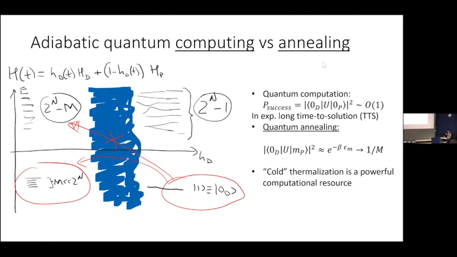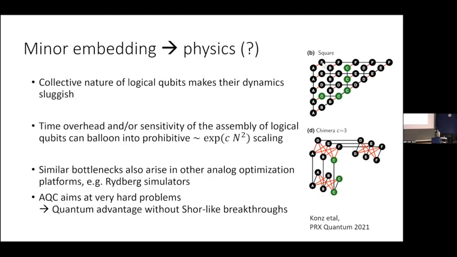What you want is an appreciable probability spread over all these states, and you don't necessarily care if these states are faithfully sampled, but they should be sampled maybe even with an infinite temperature distribution. There's a general sense that being able to thermalize a classical problem is a powerful computational resource, and here quantum annealing is basically giving you a tool to do that.